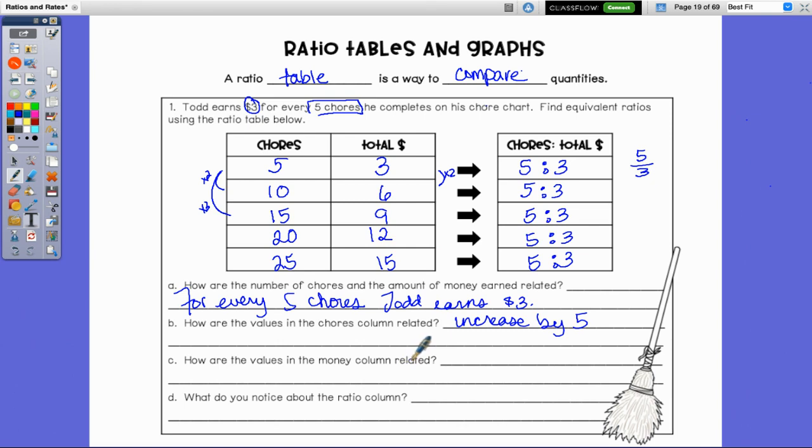And how is the money value related? They increase by 3. And what did you notice about the ratio column? They all simplify to 5 to 3. So all the ratios are equivalent.